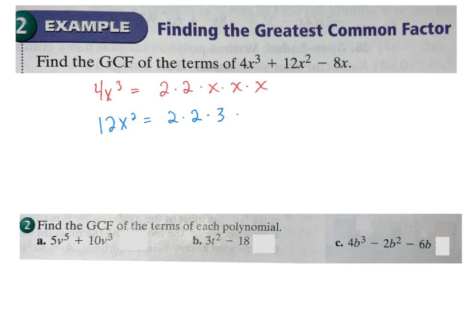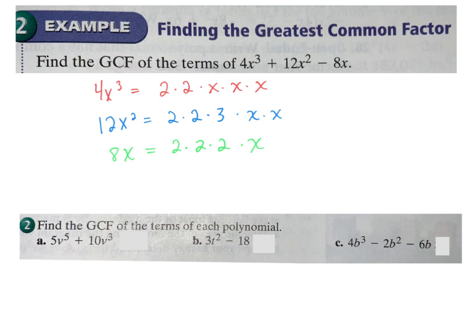Those are all primes, and I have 2 x's. And then if I look at the 8x here, and we're only going to look at the absolute value for this guy, we'll worry about everything else later. This is 2 times 2 times 2. And then I have 1 x. So those would be my prime factors.